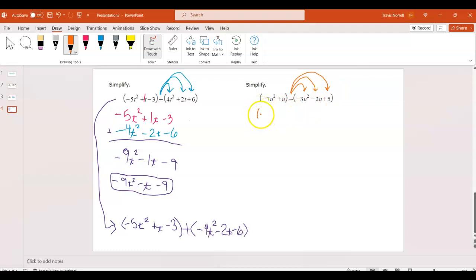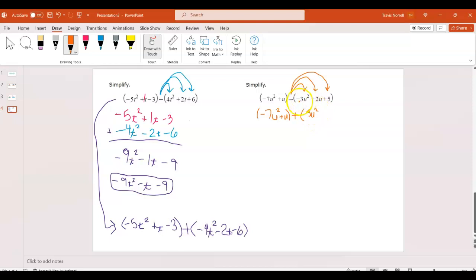So we'll have negative 7u squared plus u plus, now when we distribute this minus, we have a negative times a negative is going to give me a positive 3u squared.